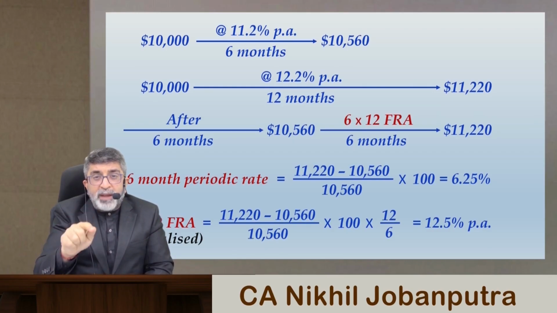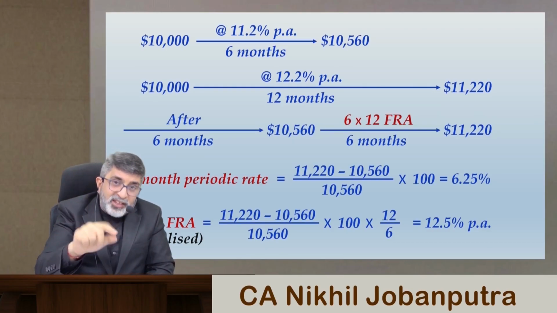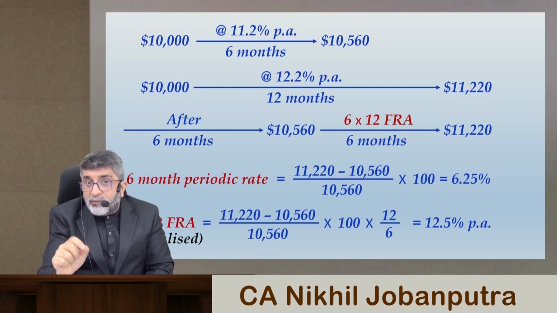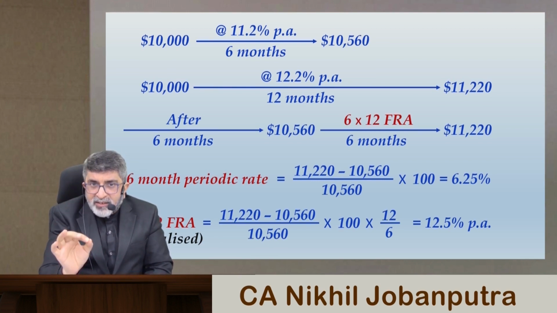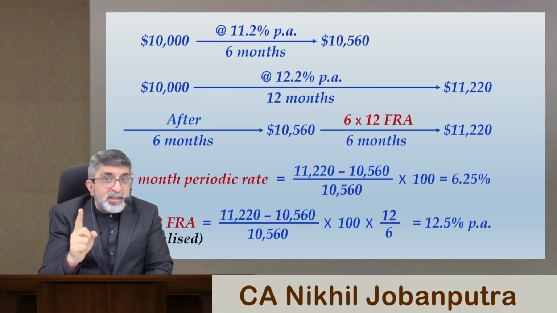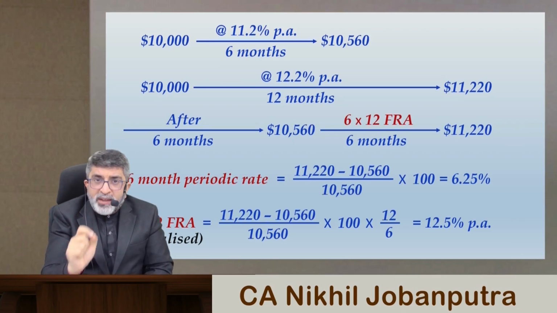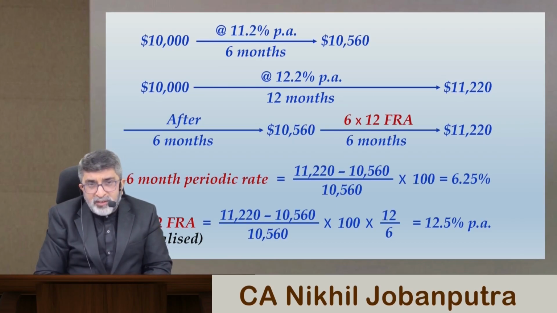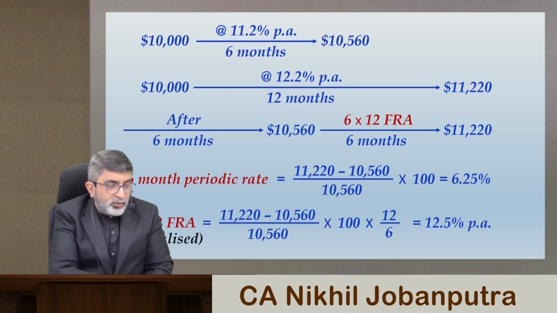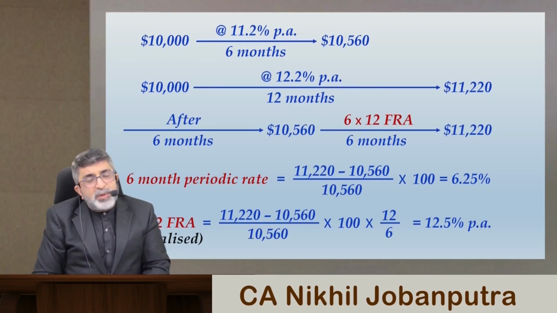So 6.25% is the periodic rate for 6 months, and the 6 by 12 FRA rate, which you have to answer as the final outcome, will always be the annualized rate. Don't forget, rate of interest is always quoted on per annum basis. Do not forget that. So the annualized 6 by 12 FRA rate will be 12.5% per annum.